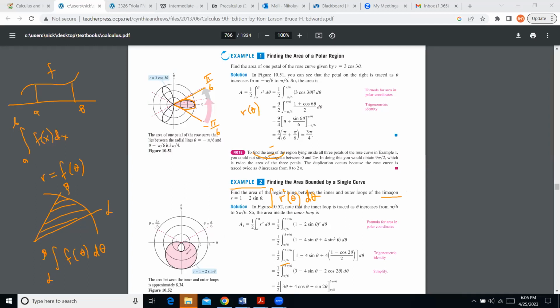That's how they call it. The limacon, the region that has a hole here on the inside, is what we have to find. And why is it having a hole? Well, because it looks like for the angles in between pi over 6 to 5 pi over 6, our r is going to be negative.